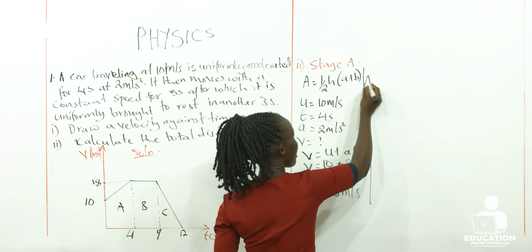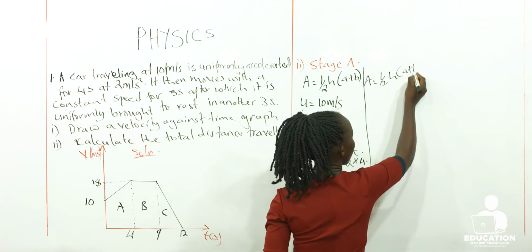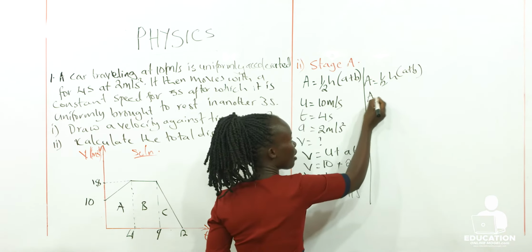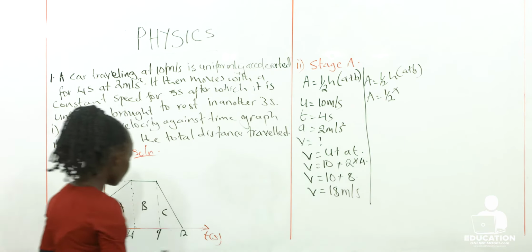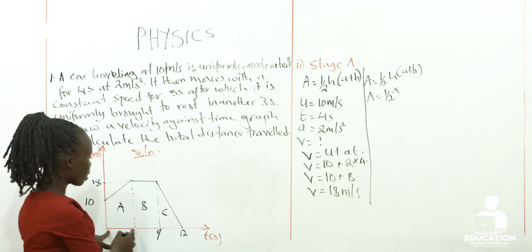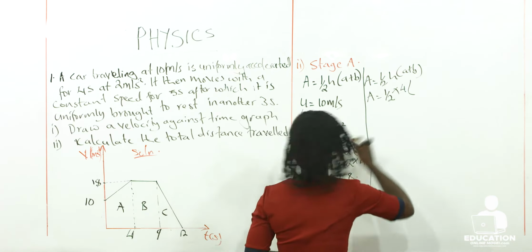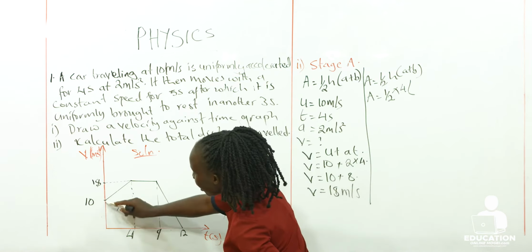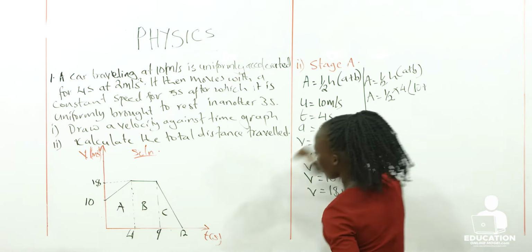have it as our area is equal to a half h times a plus b. So our area is equal to a half. The value of h is this time interval here. This is the height of the trapezium. So this one is 4. Then the short distance here, this a here, is 10. Then we have plus b.